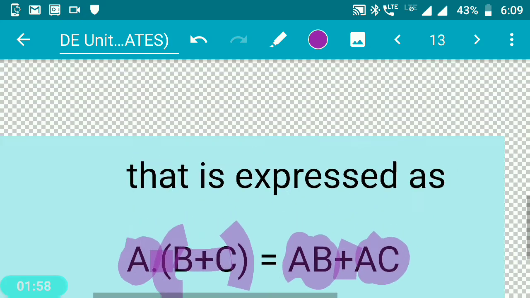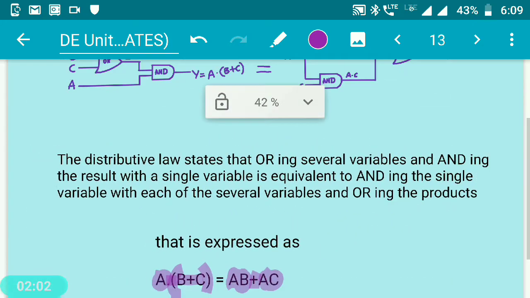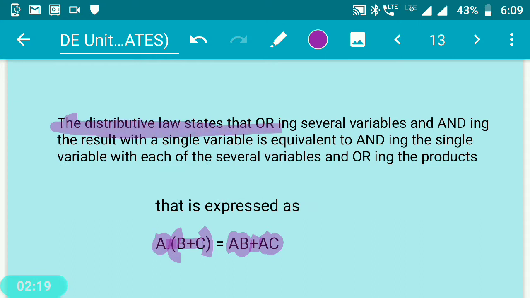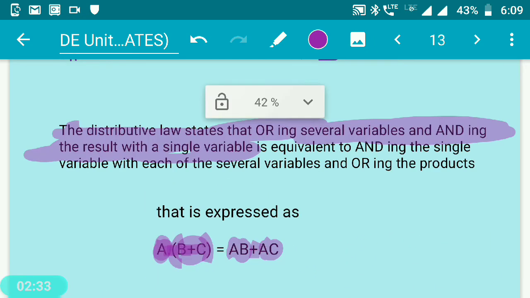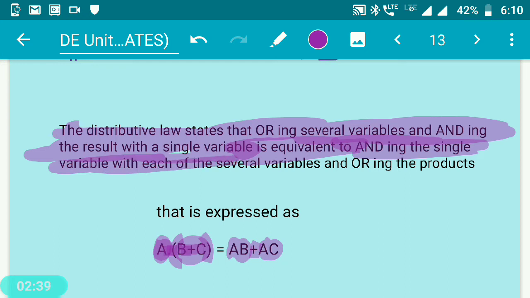So how do we put this in words is what we are going to understand. The distributive law states that ORing several variables and ANDing the result with a single variable is equivalent to ANDing the single variable with each of the several variables and ORing the products. Here, ORing several variables and ANDing this with a single variable is what is said. Then it is equal to ANDing the single variable with each of the several variables.